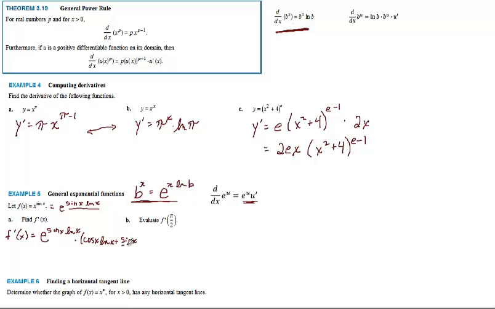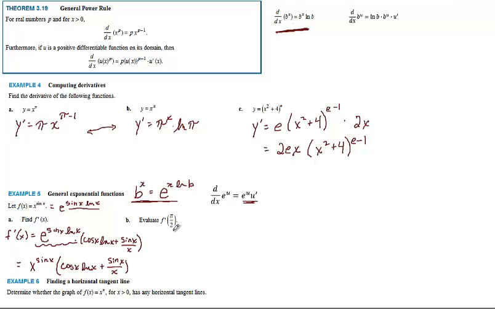Derivative of natural log of x is 1 over x, so I'm just going to write it like this. And this will equal this guy right here, using the inverse properties, is just my x to the sine x, and this guy here doesn't really simplify much at all, so I'm just going to leave it alone. It's just ugly.